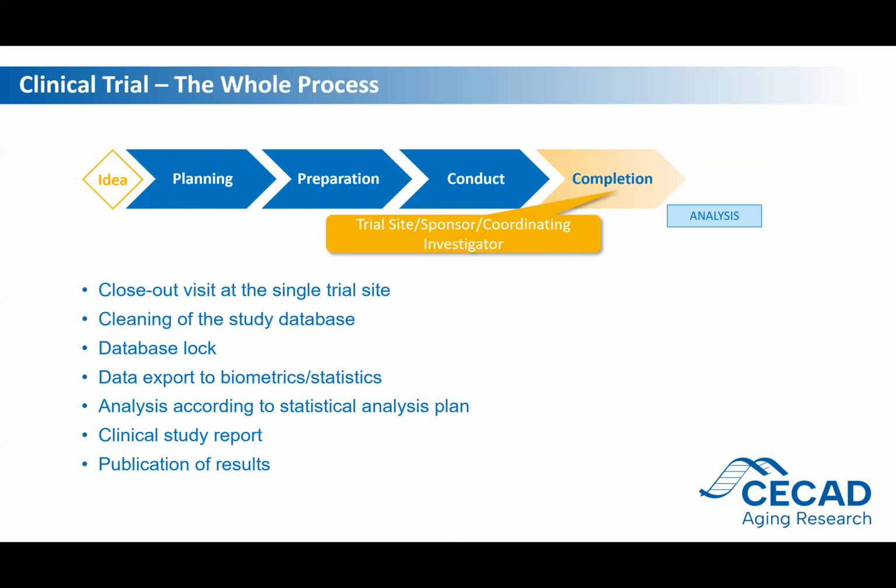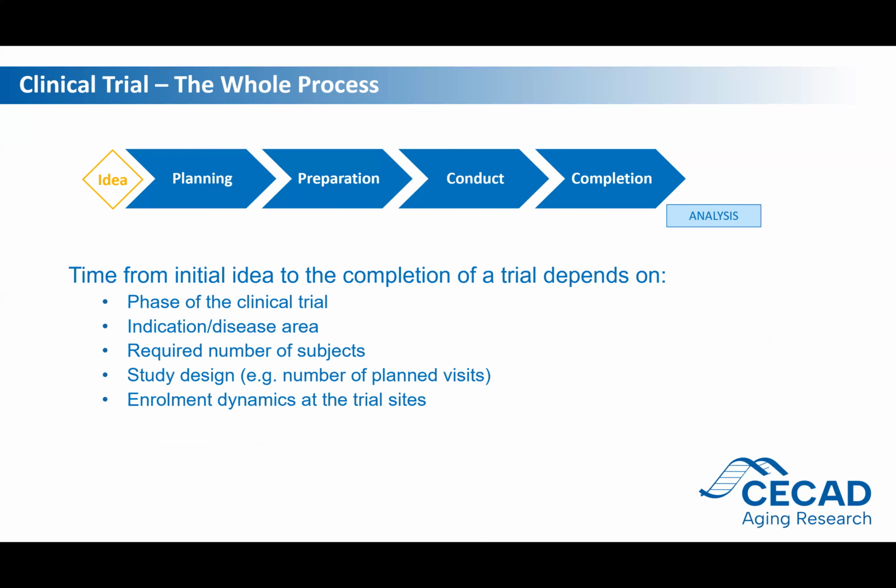And because of this lot that you have to consider, the time from the idea in the very beginning to this point that we are at now with the analysis and the publication of results is again super individual. So we can give you no actual indication of how long such a trial will be or how long the whole preparation process will take, because this is highly depending on the phase of the clinical trial.